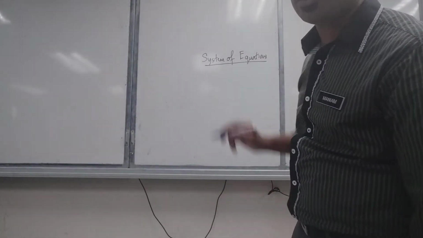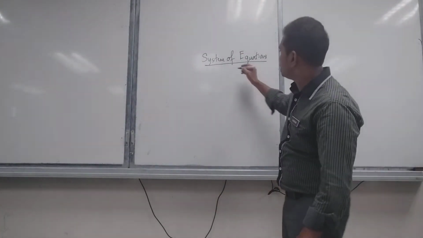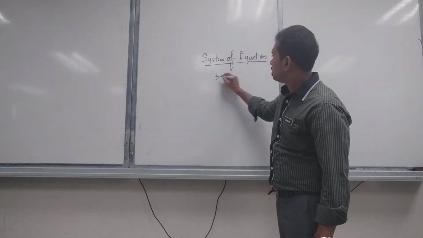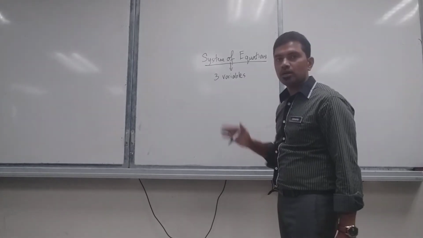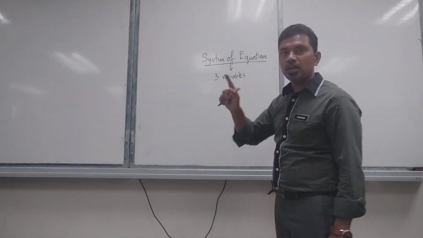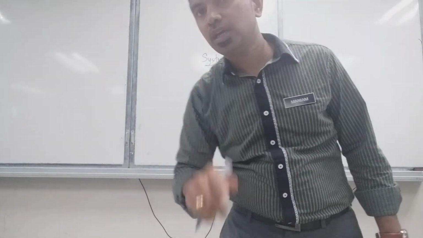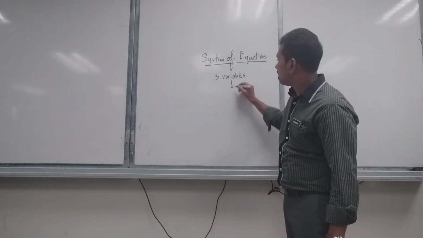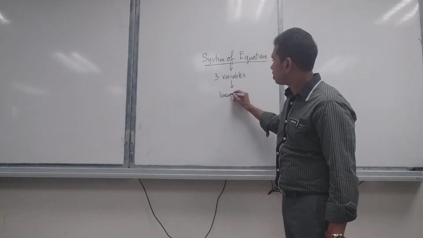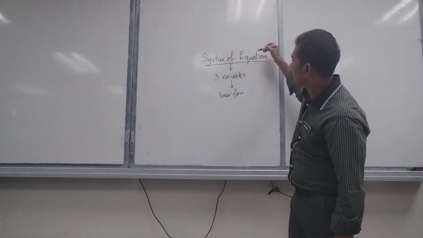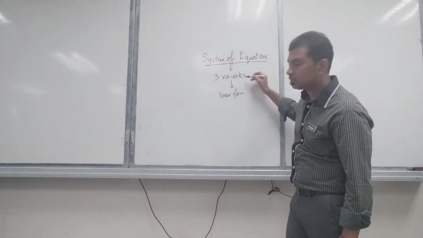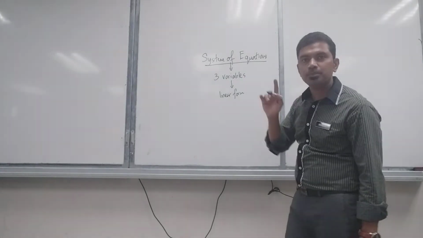A system of equations means we're going to see three variables. Make sure it is three variables and there should be only linear form. Remember, a system of equations is actually referring to three variables, and the variables must be in linear form.